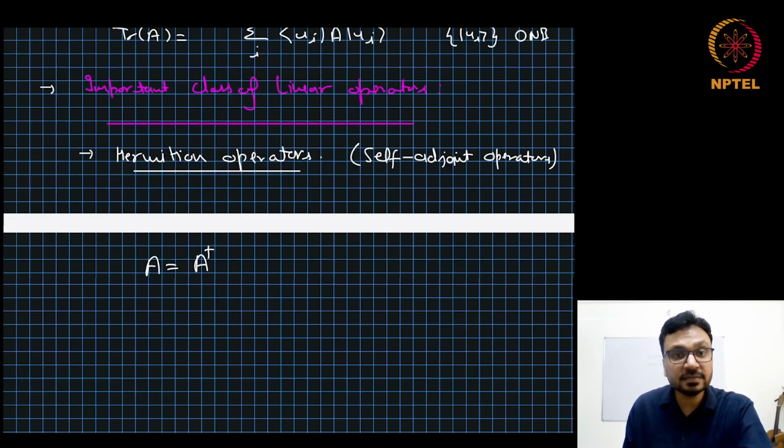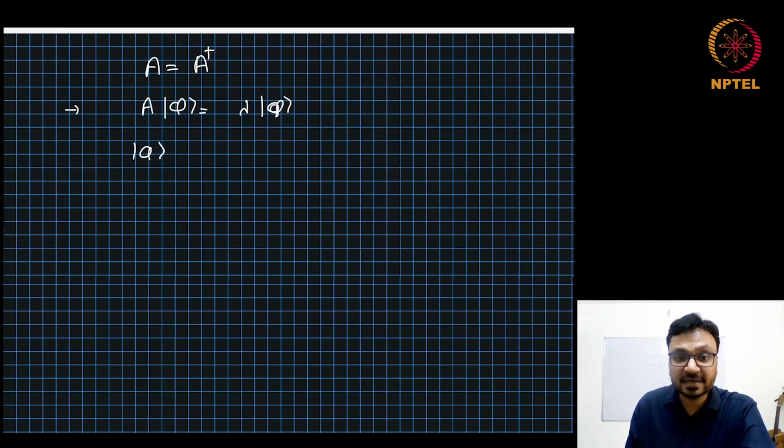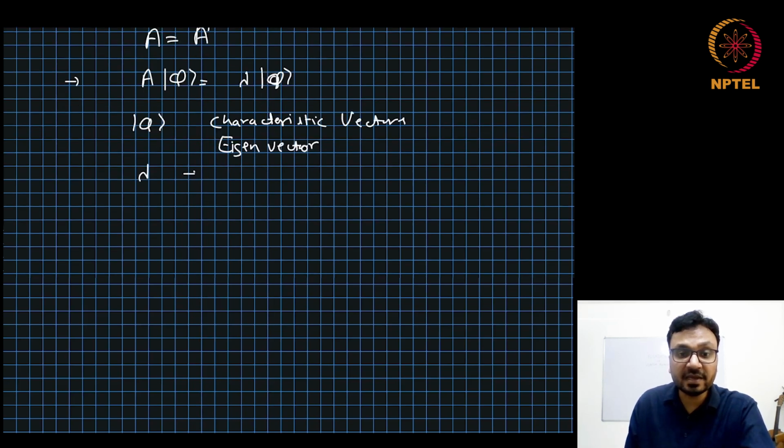Before going to that, let us discuss: if you have operator A acting on a vector phi, and you get the same vector phi with a scalar multiple lambda, then these vectors are called characteristic vectors. We are more familiar with their other name, which is the eigenvector, and the scalar lambda is called the eigenvalue.